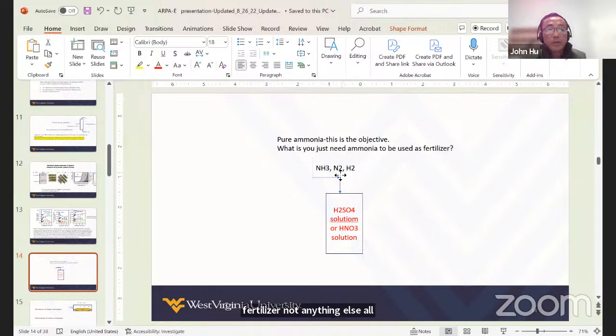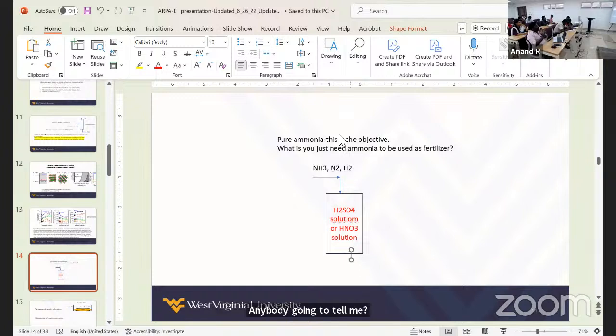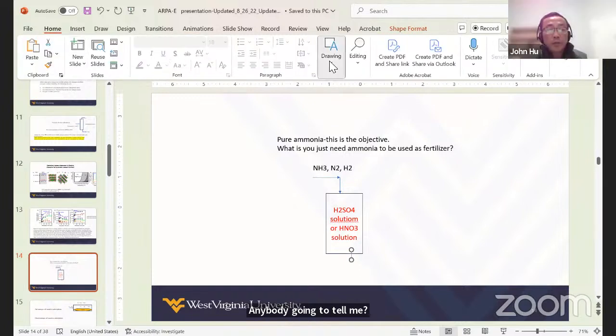All right. So basically, ammonia, nitrogen, and hydrogen come in, and then what happens with the ammonia when it sees the sulfuric acid? Anybody can tell me? It's nitric acid, sir. What happens when ammonia sees the nitric acid?